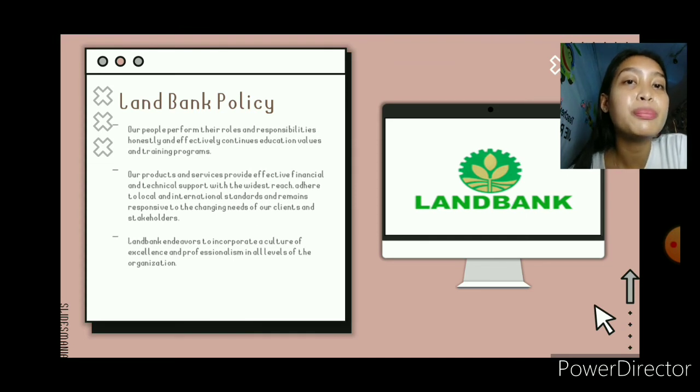Our people perform their roles and responsibilities honestly and effectively, with continuous education, values and training programs. Our products and services provide effective financial and technical support with the widest reach, adhere to local and international standards, and remain responsive to the changing needs of our clients and stakeholders. Land Bank endeavors to incorporate a culture of excellence and professionalism in all levels of the organization.